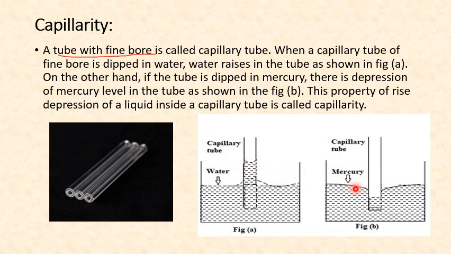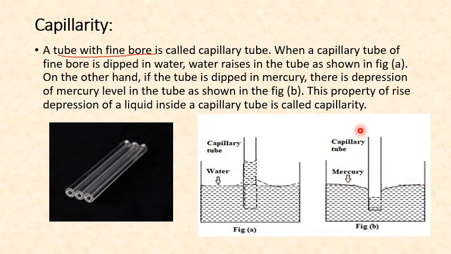And if you do the same experiment, but instead of water you take mercury and dip the capillary tube into the mercury, you observe that the mercury level has dropped inside the capillary tube compared to the beaker's mercury level.